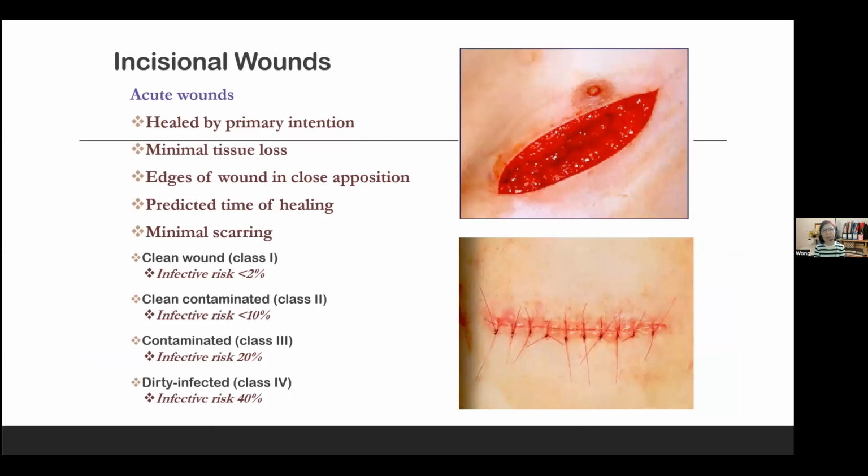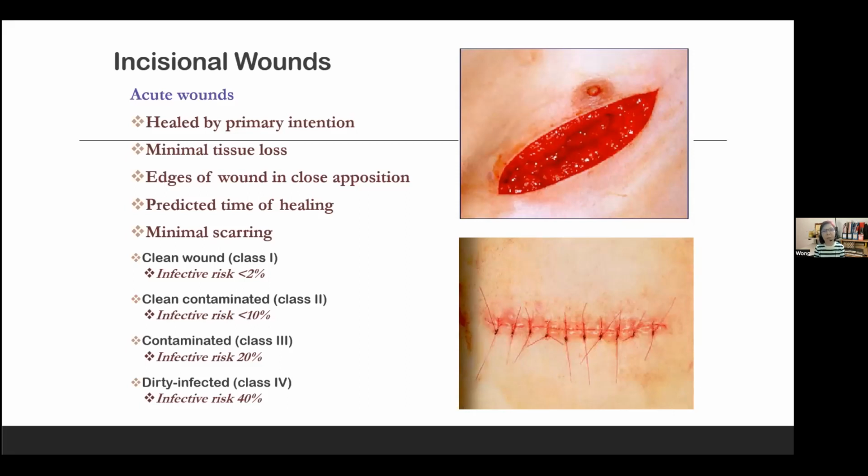Okay, we start off with acute wound. Acute wound is basically the wound that is healed by primary intention, meaning that the wound can heal without a surgical intervention to close it, and with minimal tissue loss.